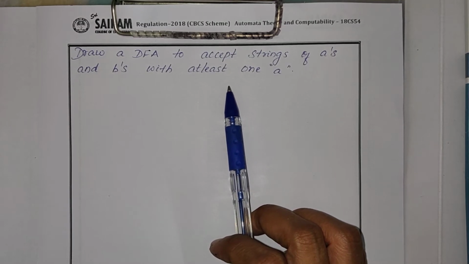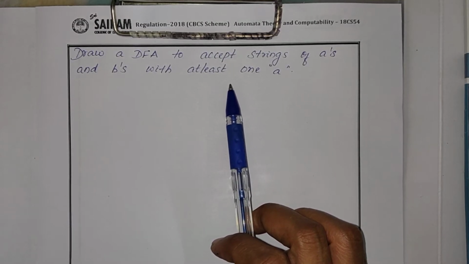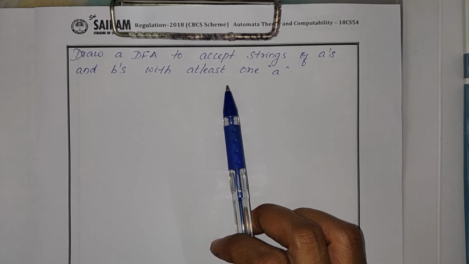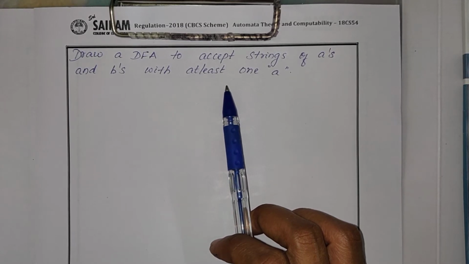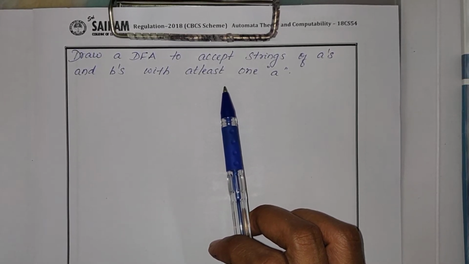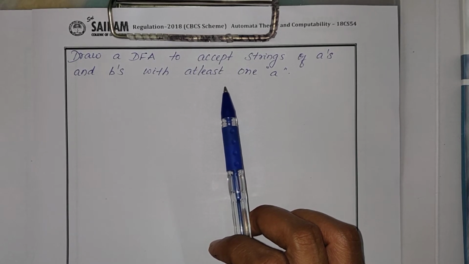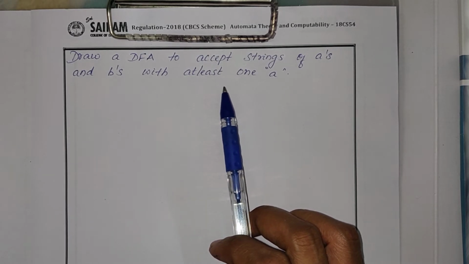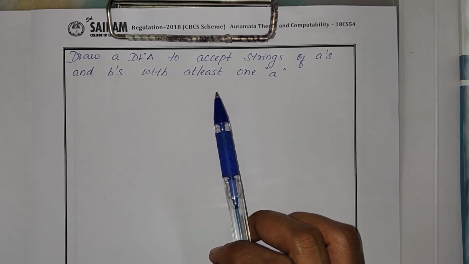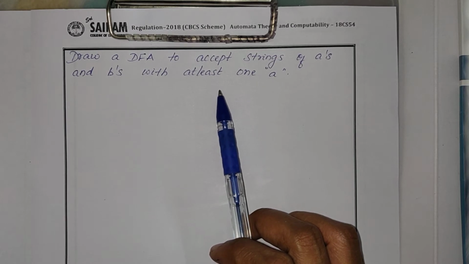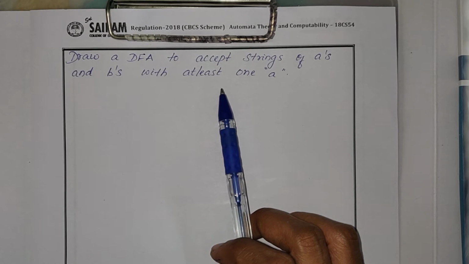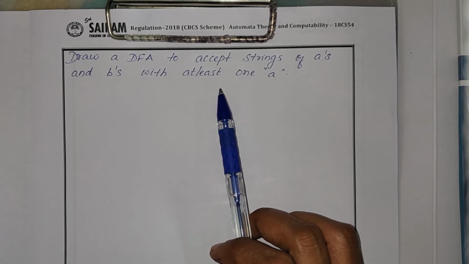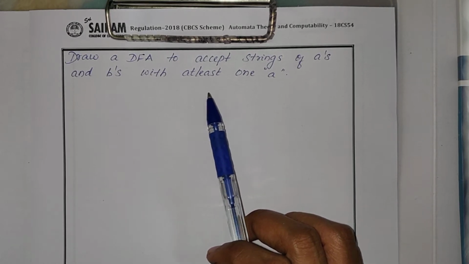In the previous video I told you, when you get a question to construct a DFA, by reading the question I have to identify which type it belongs to: whether it is a pattern recognition method, a divisible by K problem, or a mod K problem. So how to identify the method?